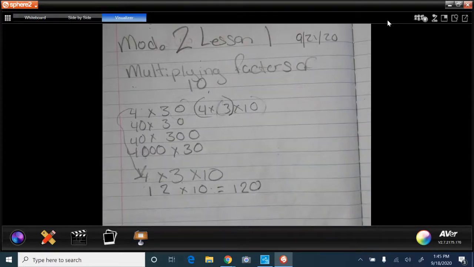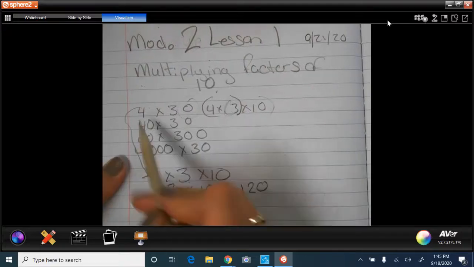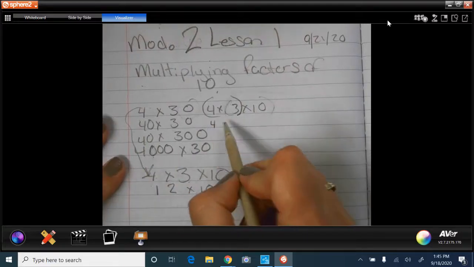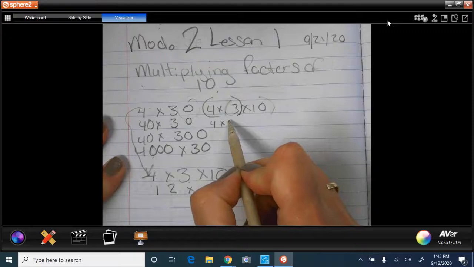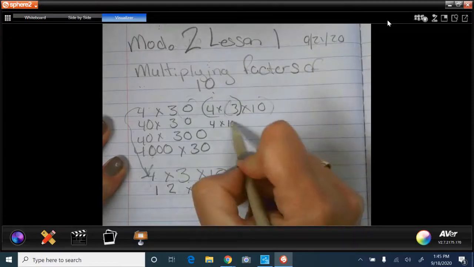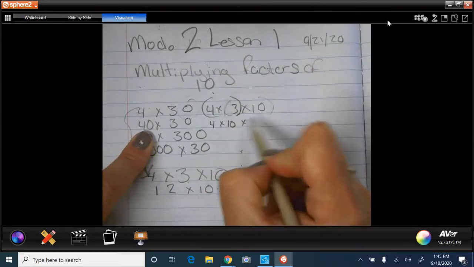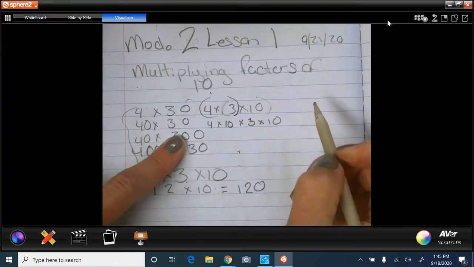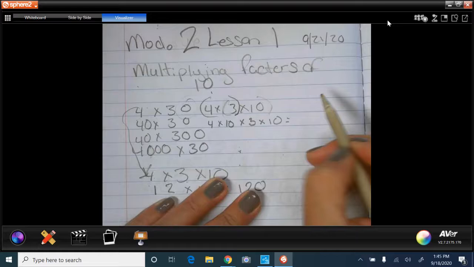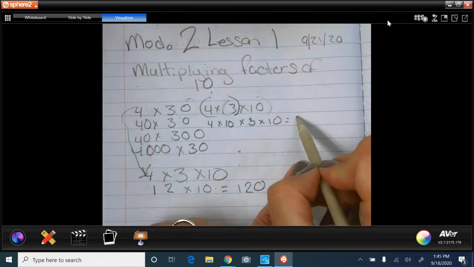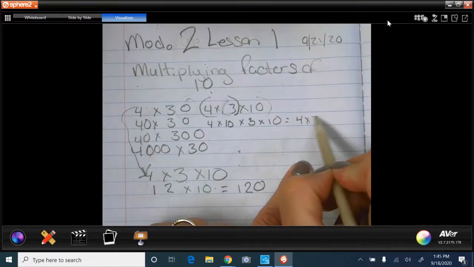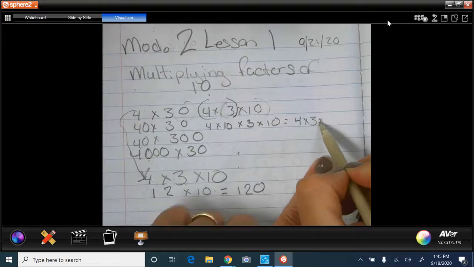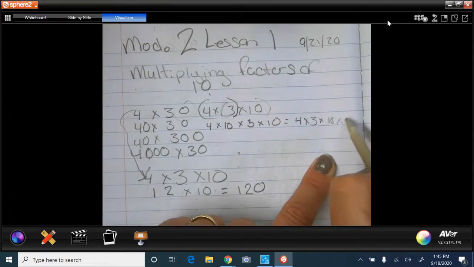Now I can use that same strategy for the next one. Here, I still have 4 times 10 to get 40 times 3 times 10. And then I can just rearrange it and do what works for me. 4 times 3 times 10 times 10.